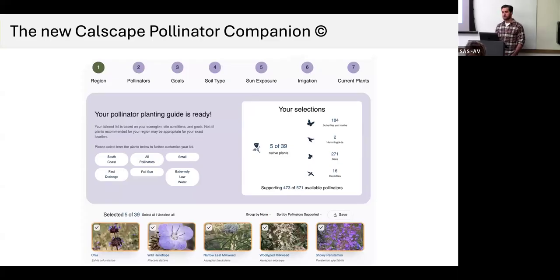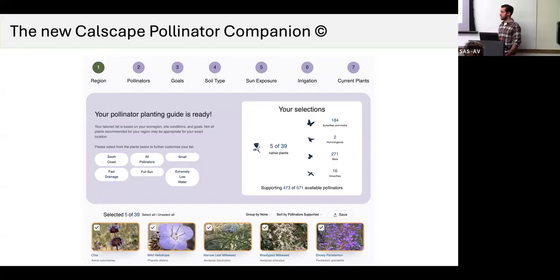And we plugged this data in California into a new tool through the California Native Plant Society, the Calscape Pollinator Companion. And so this is an interactive tool that allows you to put in your location and indicate your planting priorities, which types of pollinators you want to support, and other things like that.